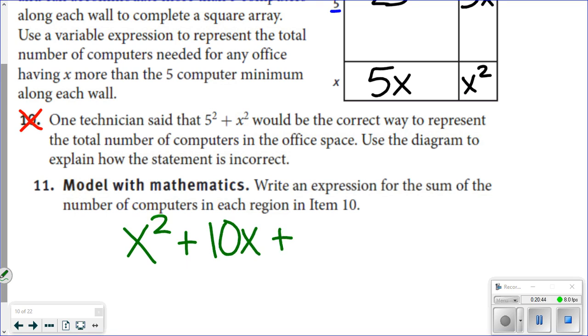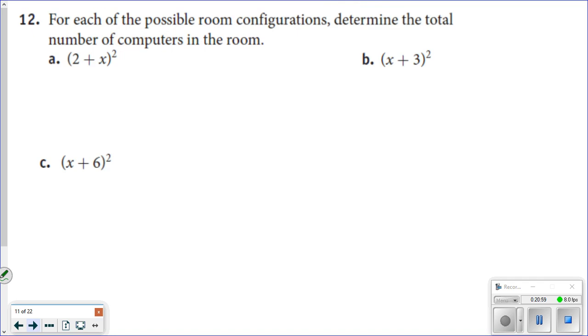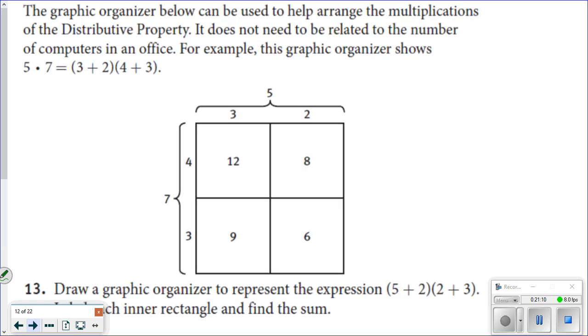And lastly, my constant term is the 25. We are going to skip question 12 for now, and we're going to come back to this when I teach you an easier way to do this. And we're going to go to question 13 on the top of page 373.